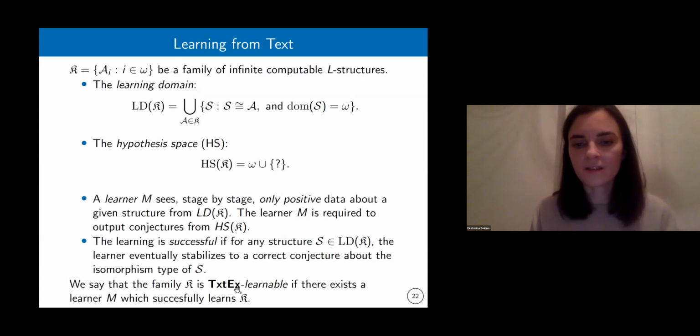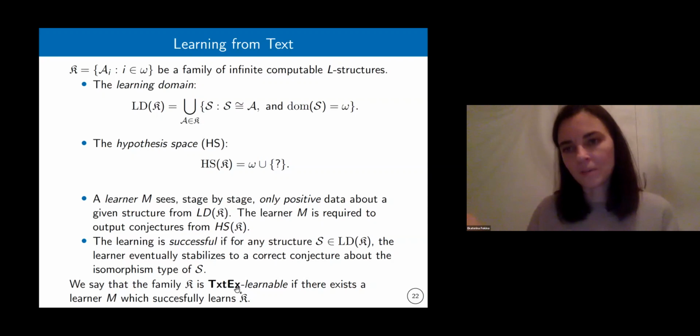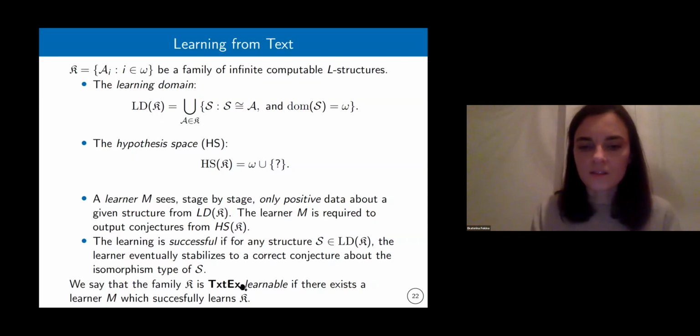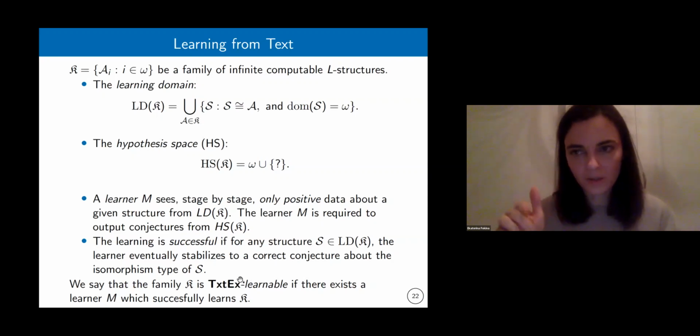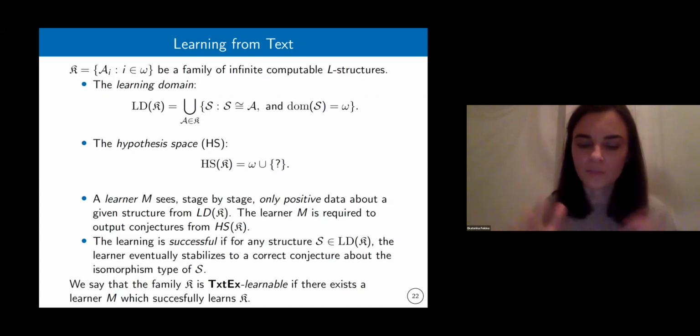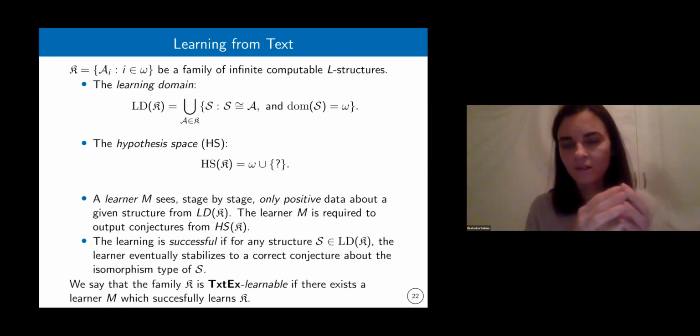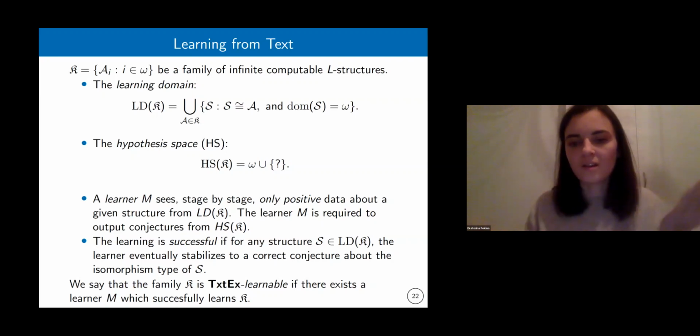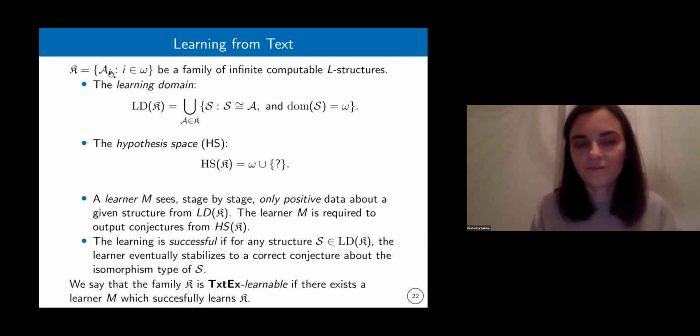So this is text EX learnability, also up to isomorphism. And these are the results where I wanted to show you how they look when we do not talk about the complexity of the enumeration. Our hypotheses are basically just the indices of the structures as they are given here.